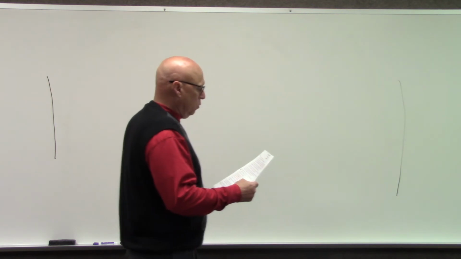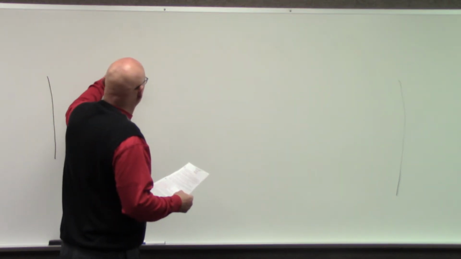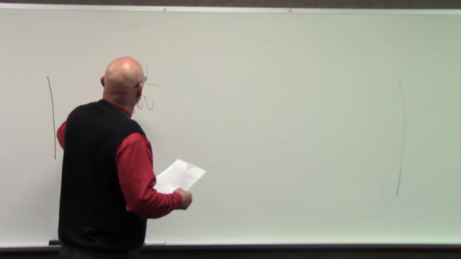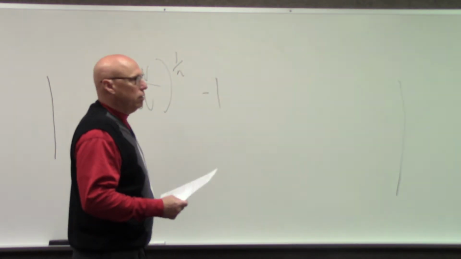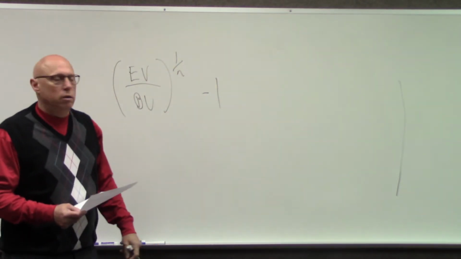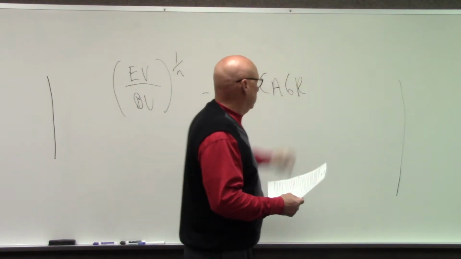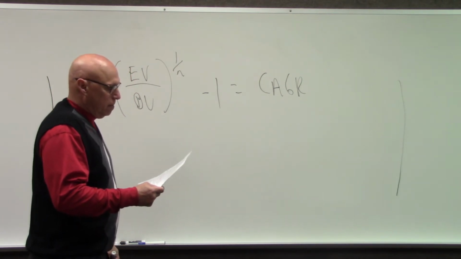So, the formula is ending value divided by beginning value raised to the 1 over n minus 1. Does that remind you of something? That is CAGR. There it is. CAGR rears its ugly head.